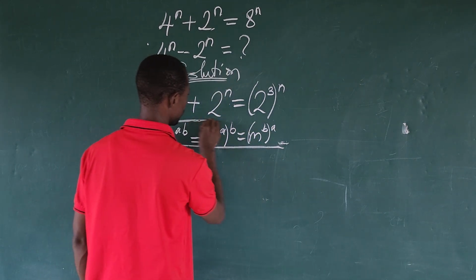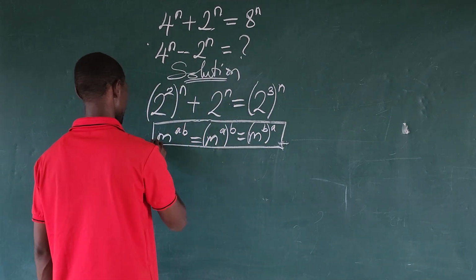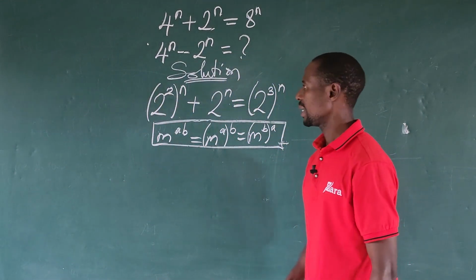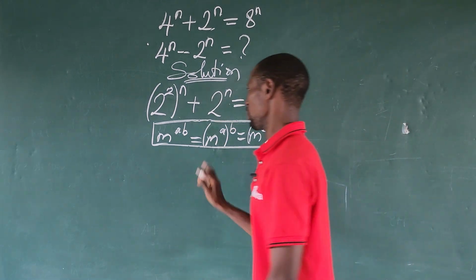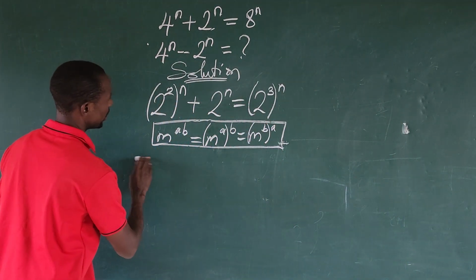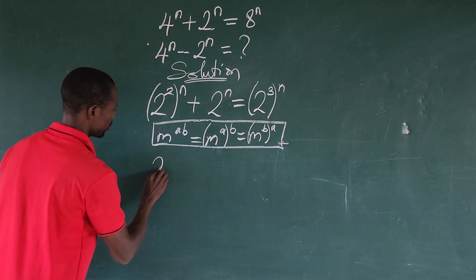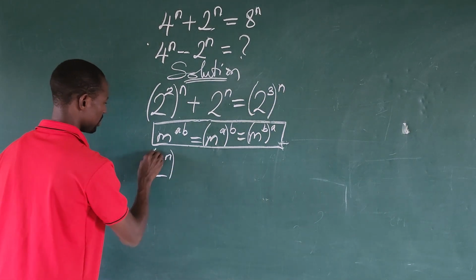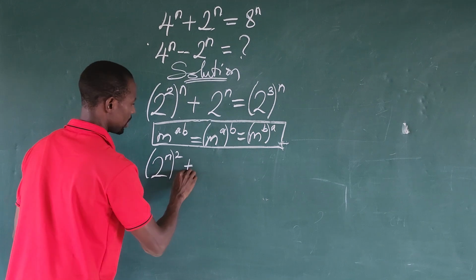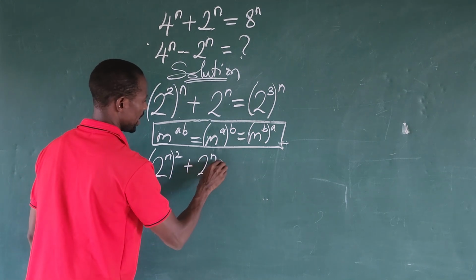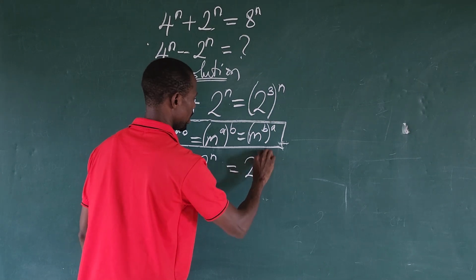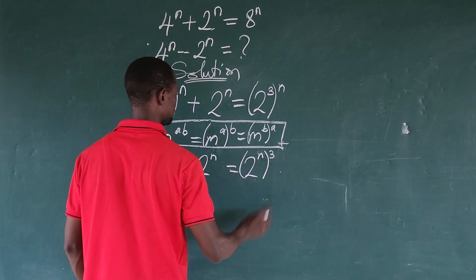If we look into this carefully, then we can bring 2 out, push in n. Then we'll do the same thing here. So if we do that, we're going to have our expression to be 2 to the power of n, all to the power of 2 there, plus our 2 to the power of n. This is equals to 2 to the power of n, all to the power of 3.